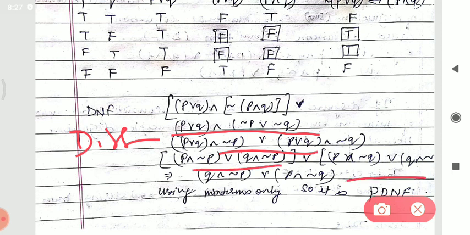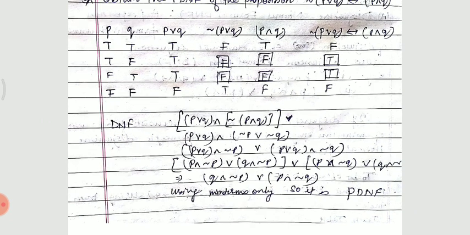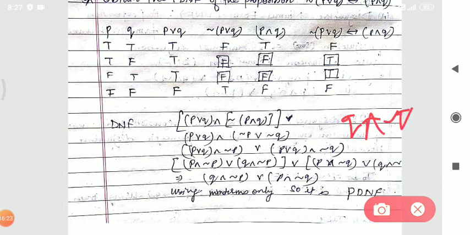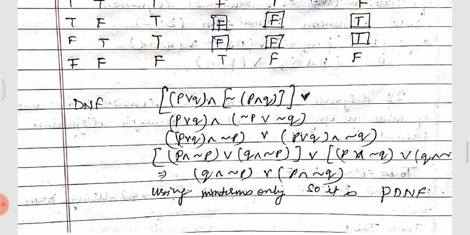After using the distributive law, we have got P and negation P, and Q and negation Q. This is false. So the remaining terms are only these, and these are min terms. So this is a sum of min terms. So this is automatically PDNF.